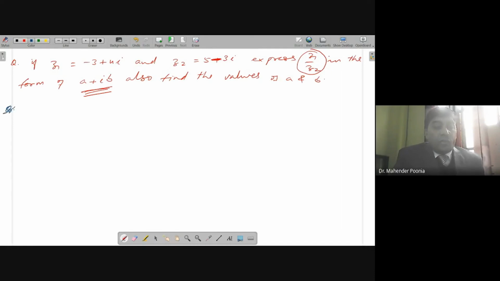So solution: it is given that Z1 is equal to minus 3 plus 4 iota and Z2 is equal to 5 minus 3 iota. Z1 divided by Z2 is equal to minus 3 plus 4 iota divided by 5 minus 3 iota.